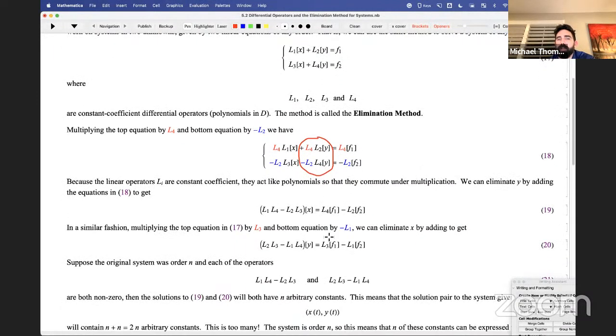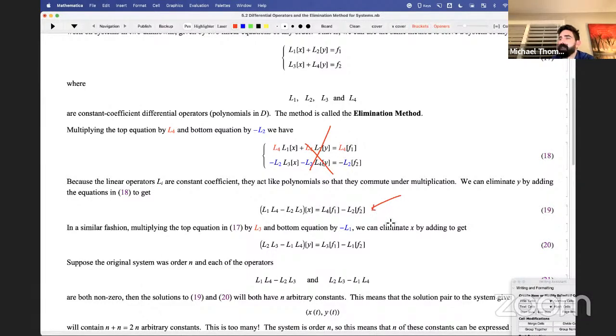So once you add them together, we have (L4 L1 minus L2 L3) x equals L4 F1 minus L2 F2. So this would be your uncoupled equation in x.